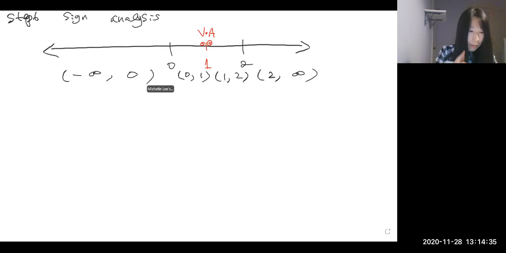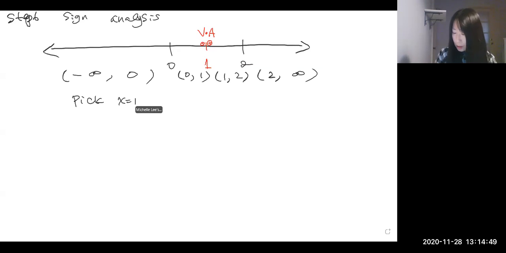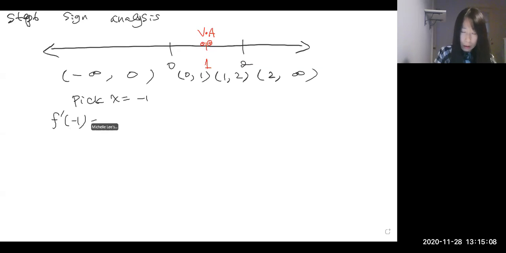Let me just follow the book here. Pick -1, always easy. So x equals -1, and f prime of -1.